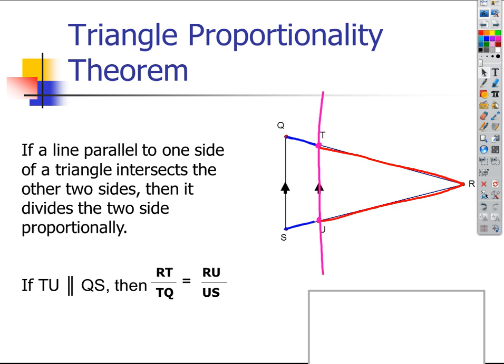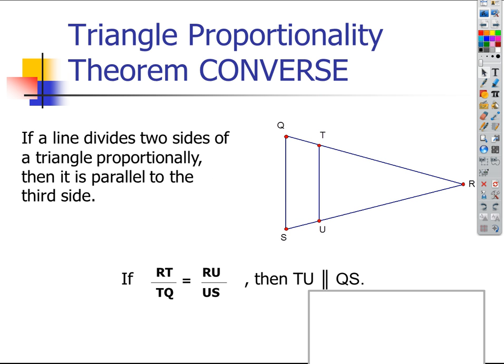Okay, so we also have a converse to that. That works in reverse. So we also know that if we get this triangle that's been cut like this, and let's just say that we know, or we've got numbers up here so we can see that the ratio of RT to TQ is equal to the ratio of RU to US, then what do you suppose that says about those two lines?